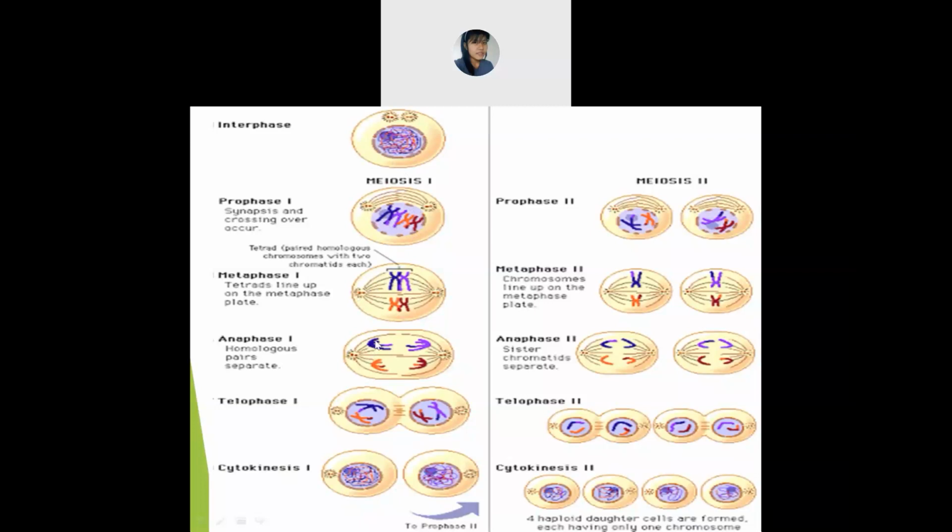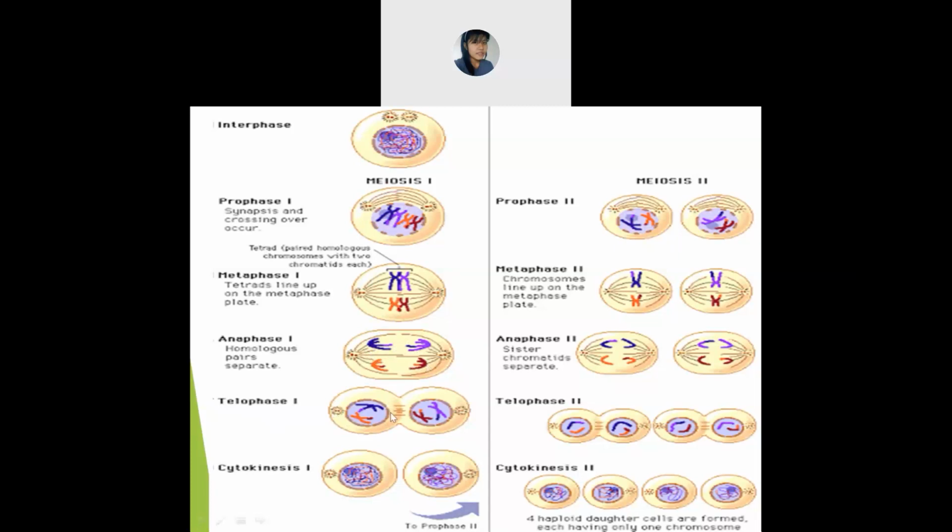Here, the chromosomes will lie at the spindle fibers, at the centromere, this one, which is in the middle. Next, they will start to divide. They will prepare themselves to divide. So for that, what happens? The spindle fibers, the length will start to lessen. It will start to shorten, and they will separate from each other. And in the telophase 1, what will happen?